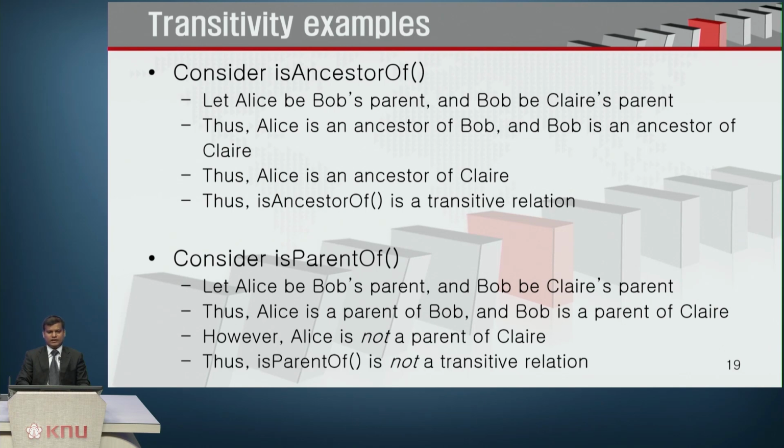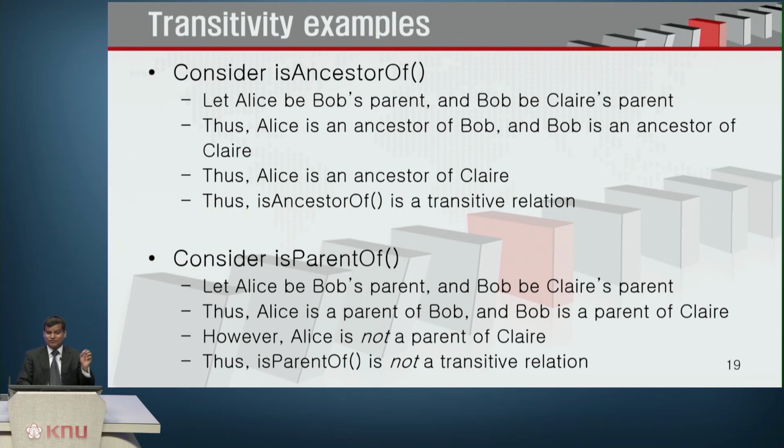As you can see here, is parent of is not a transitive relation. We can say that Alice is the parent of Bob and Bob is the parent of Claire, but Alice is not the parent of Claire. You know that because Bob is the parent of Claire, not Alice.